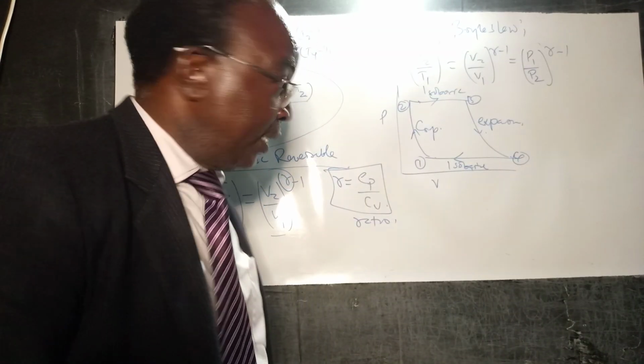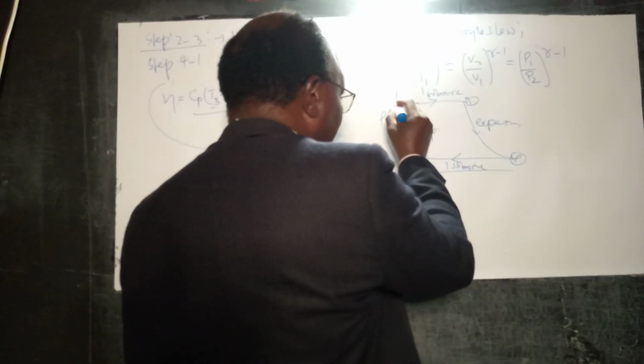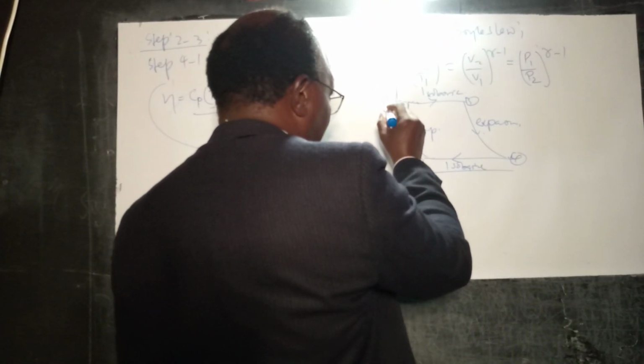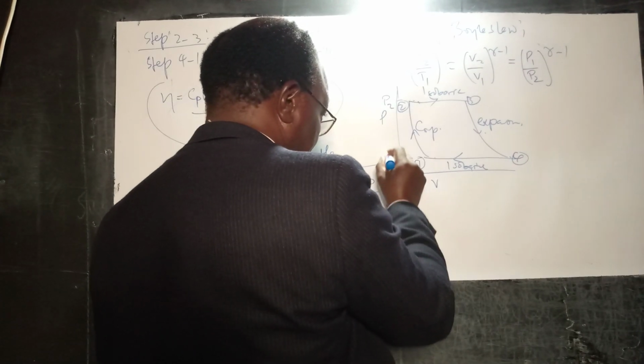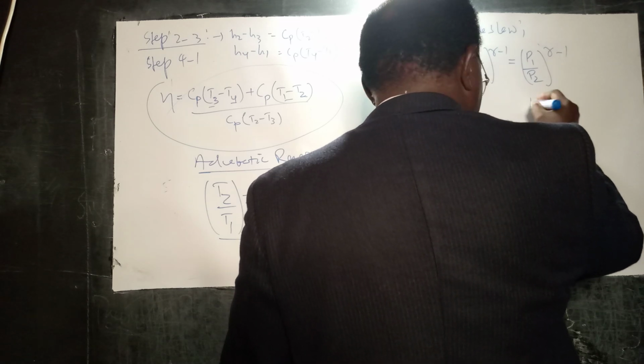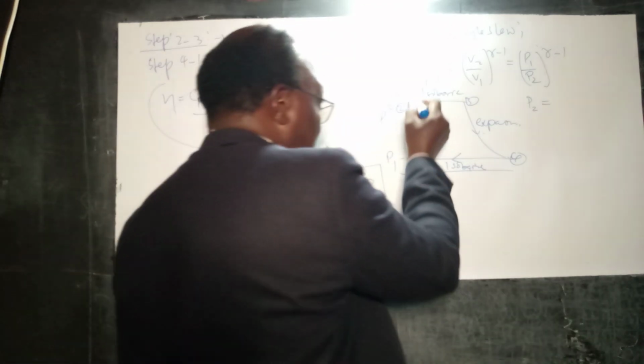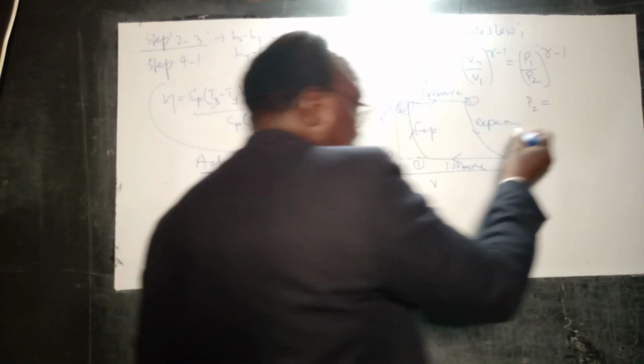What does that mean for the pressure-volume profile? Because this is constant, that's called P2, and this one P1. So it means that pressure at state point 2 is equal to pressure at state point 3.